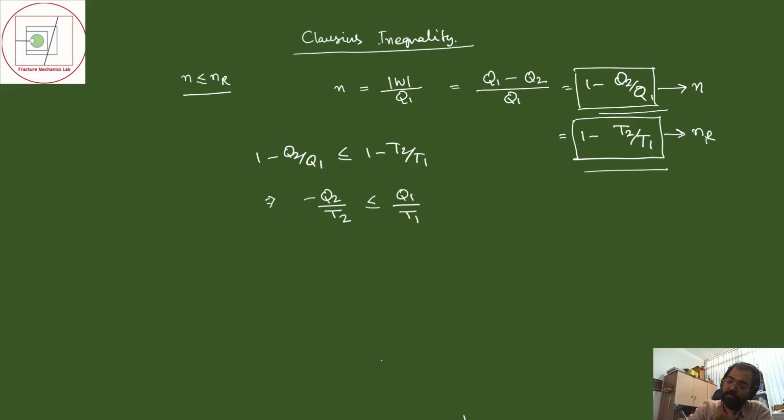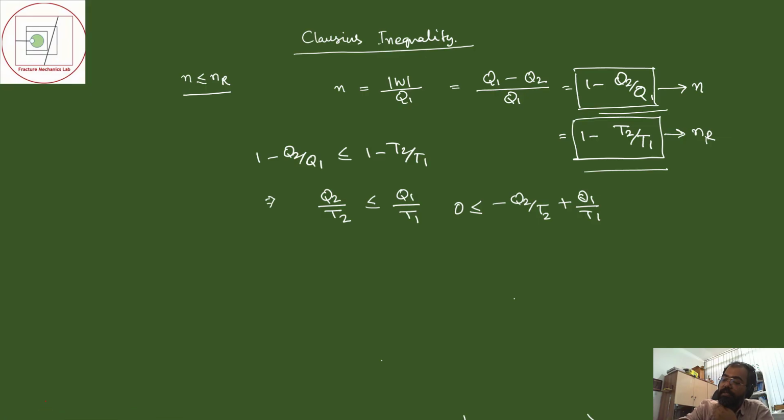Well, the minus will not be there because both of them have minus. Now I can write it as minus Q2 by T2 plus Q1 by T1 greater than or equal to 0, if I keep it on that side.